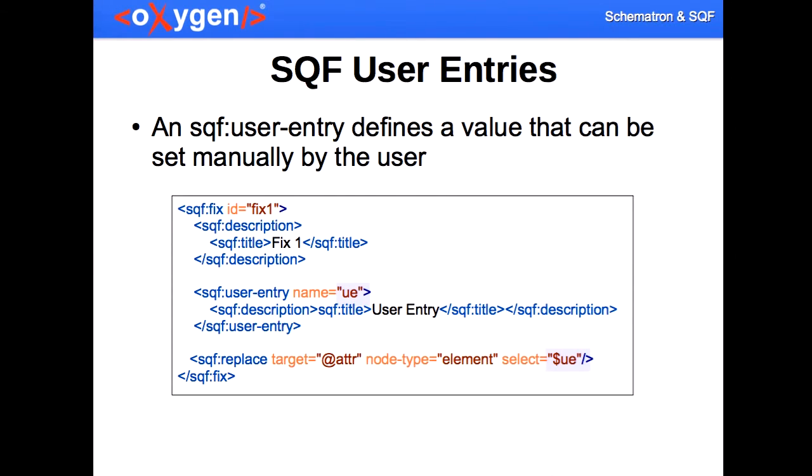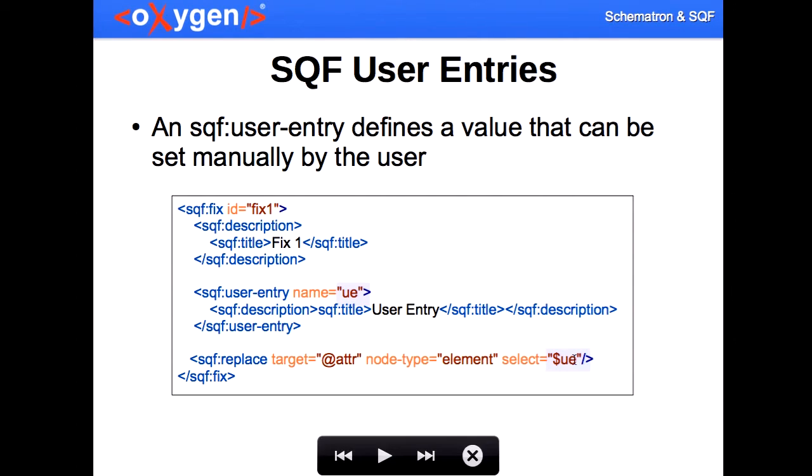The user entry element allows the user to set a value manually when he applies a QuickFix. This is how a user entry is defined. So it has a name and a description. The name of the user entry will be used to refer to the value that the user enters in the pop-up that will be shown.